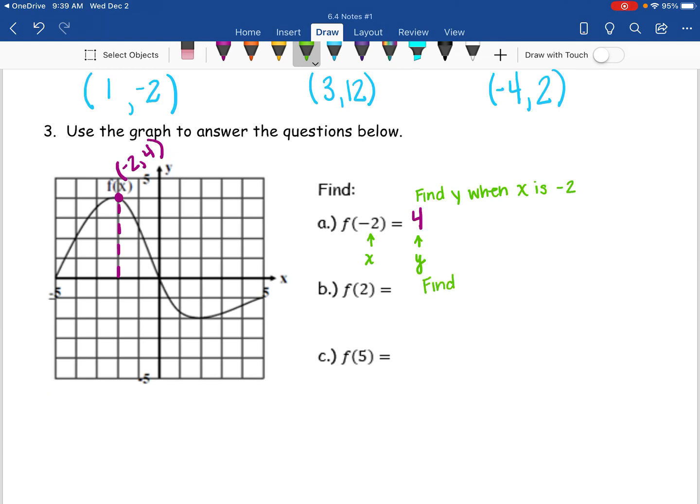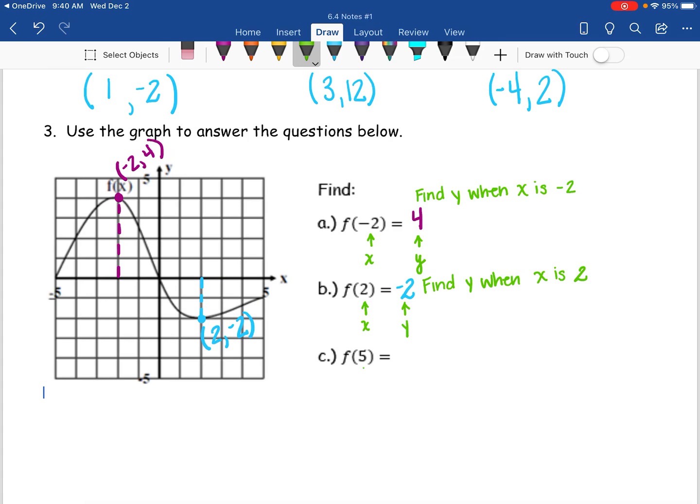That means find y when x is 2. I'm going to go on my graph, find where x is 2, and trace it to my graph. This is the point (2, -2). So when x is 2, y is -2.